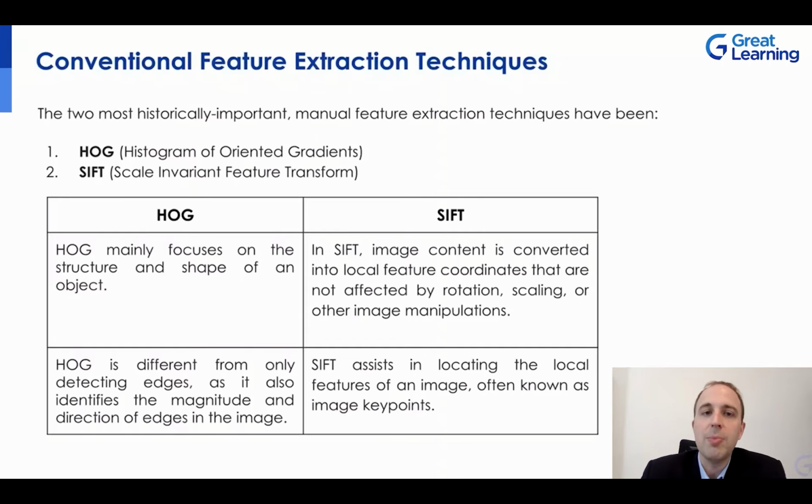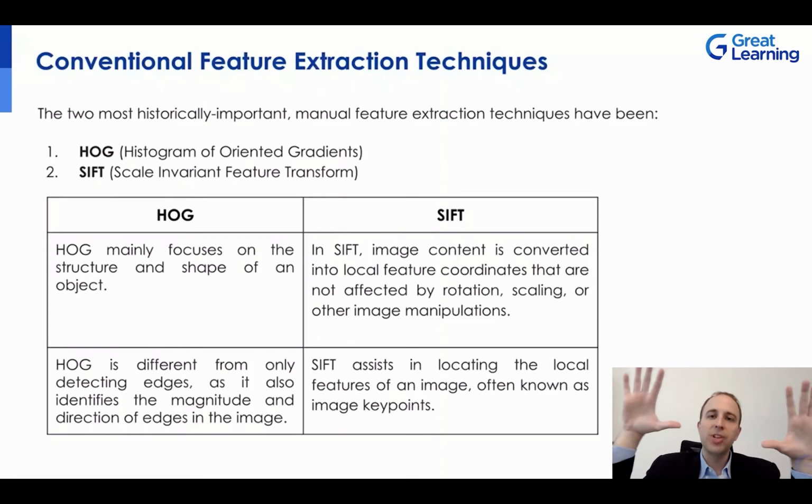SIFT is a more complex method. It also relies on gradients, but in addition, it relies on points of interest. If you have a picture of a car and a clear blue sky, every pixel in the blue sky is the same, so it's not too interesting to look at that area.